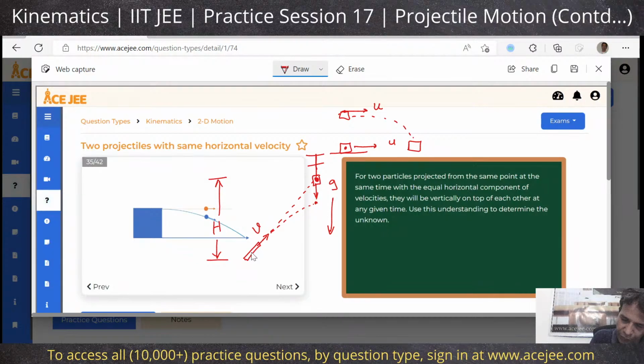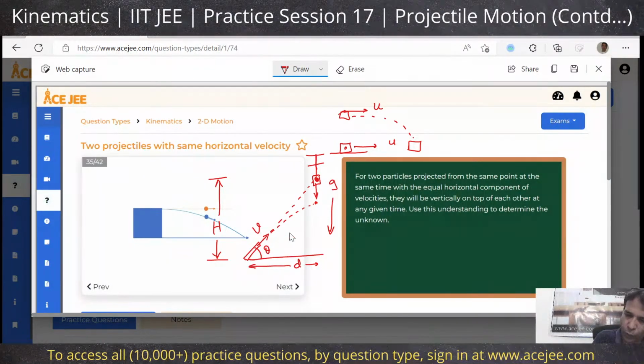So if I were to write down the equations, this is my height H, and let's say this is the distance d, and the angle at which you fire the gun is theta.